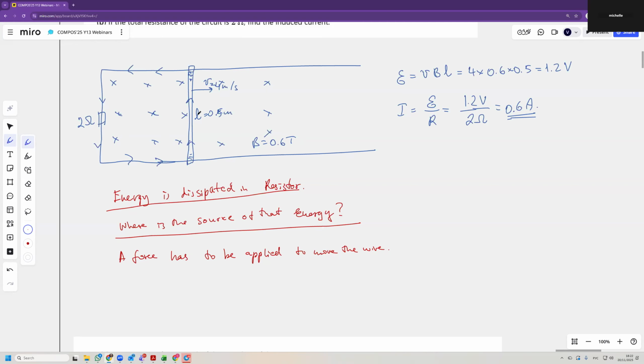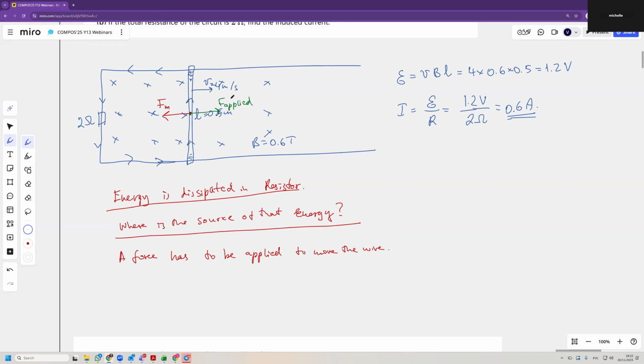The motor effect will push the wire backwards. So there will be a magnetic force pushing the wire backwards, and you will have to apply a force in order to resist that, right? In order to keep the wire moving at constant speed, you have to keep pushing it.